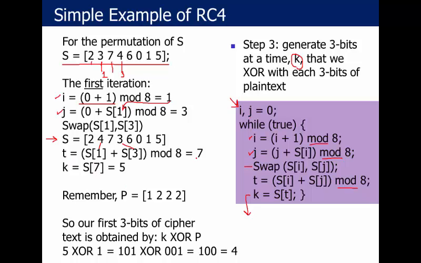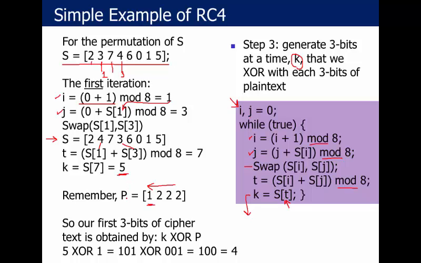When T is calculated, then that T is fed into this S vector as an index. So S of 7 here, in the current S, is the last one, right? 5. This is the first key. Let's say this is the first data that comes in.